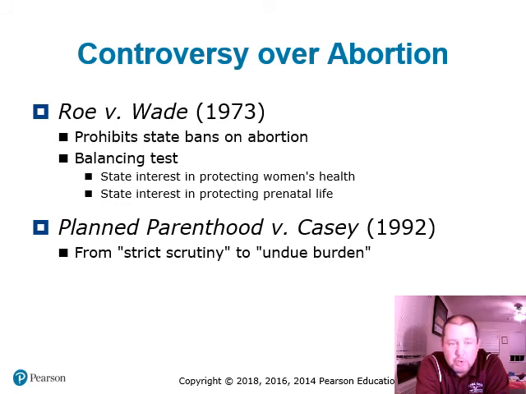Casey in 1992, that instead of strict scrutiny, meaning the idea that the government has to prove that it's absolutely necessary for them to have this law, in this case banning abortion or making abortion more difficult, moves to the undue burden test.